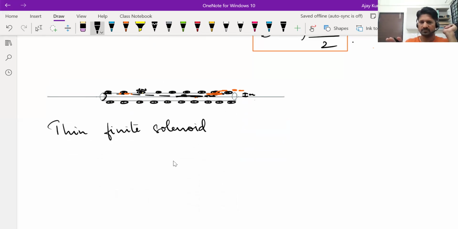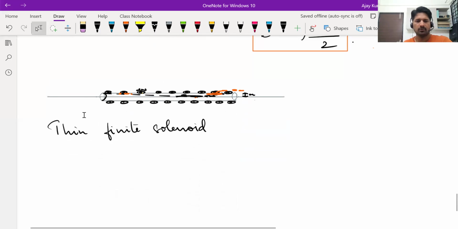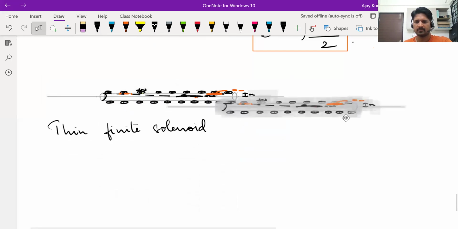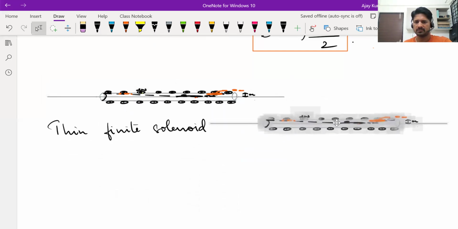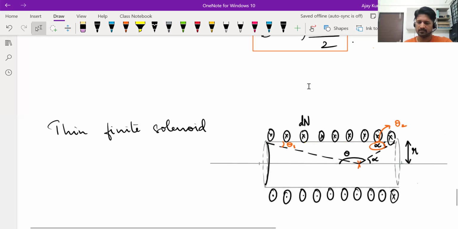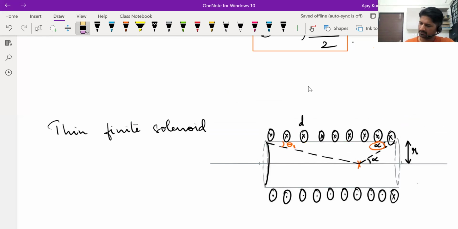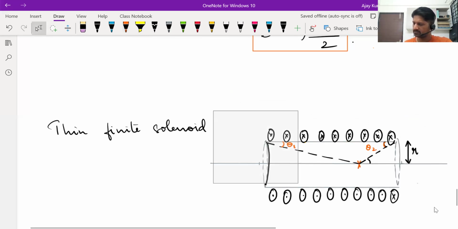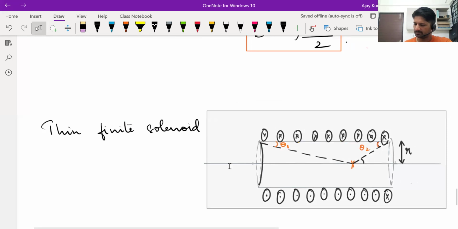We took a random point P somewhere. I hope you all were able to see that point. Let me just show you the diagram on this side. Point is there only, you can see the angles, theta 1 and theta 2. I'll remove alpha and write theta 2. As the solenoid is made thin, what do those angles theta 1 and theta 2 tend to become?